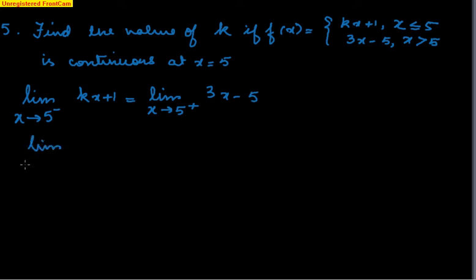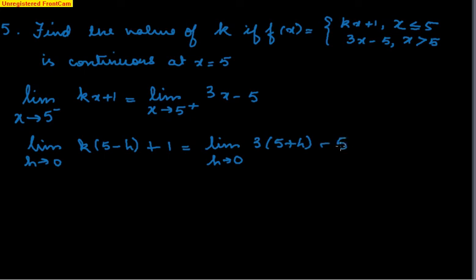Now the limit h tending to 0, k, instead of x I put 5 minus h, plus 1 is equal to limit h tending to 0, 3 times (5 plus h) minus 5.